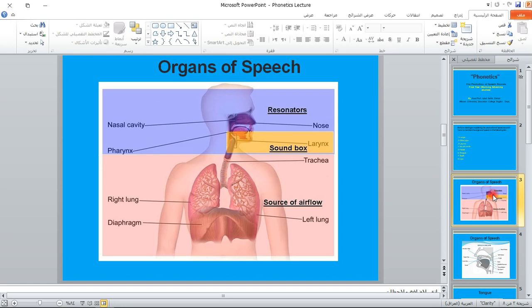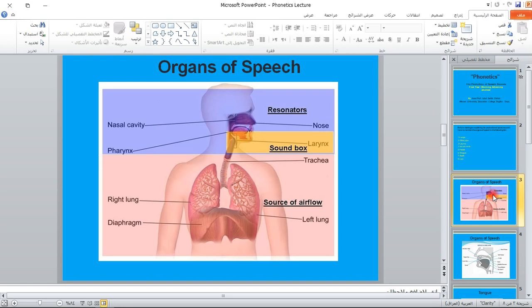In production of speech as a process, a speech sound is produced when a movable speech organ comes near or into contact with an unmovable speech organ. For example, the sound F is produced when the movable organ, active articulator, lower lip, comes into contact with the upper front teeth, which are unmovable organs, passive.